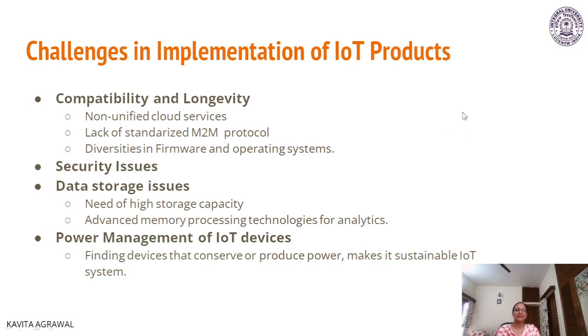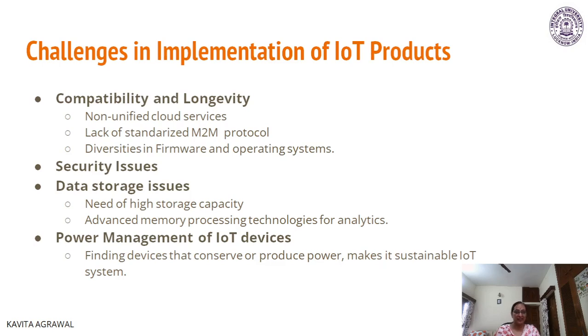So when we are implementing any IoT product, because it has to be implemented on such a large scale, there are a number of things to consider. There are compatibility and longevity issues. To put it in simple words, since it is a heterogeneous environment, there is an issue of compatibility, and since technology is advancing every day, there are new advances.